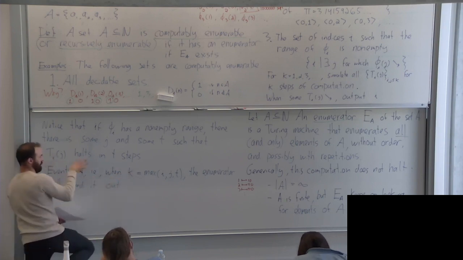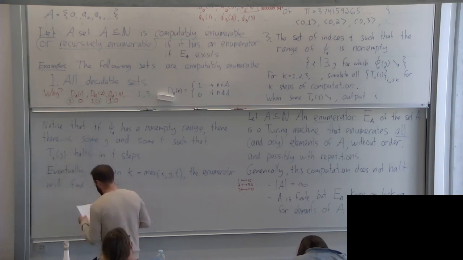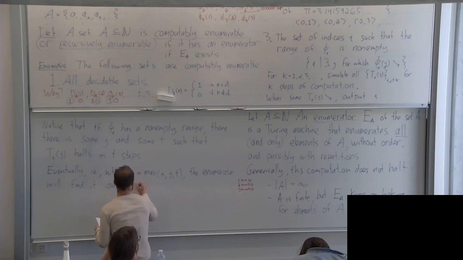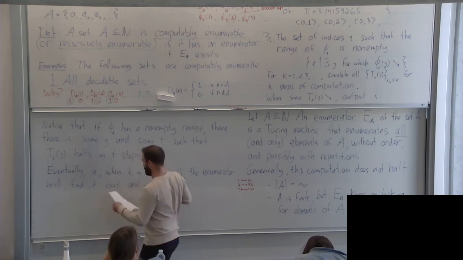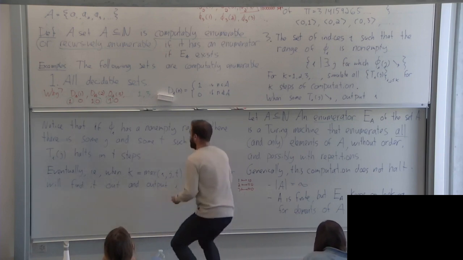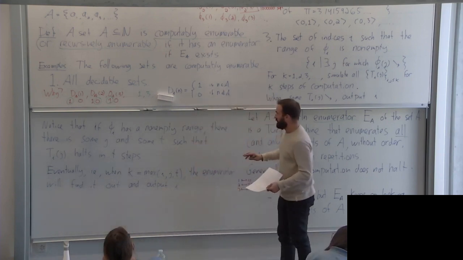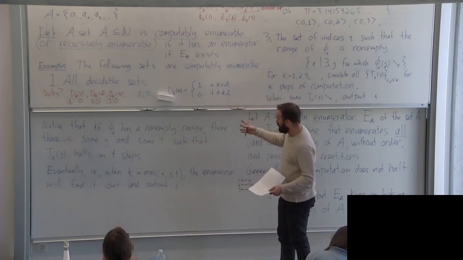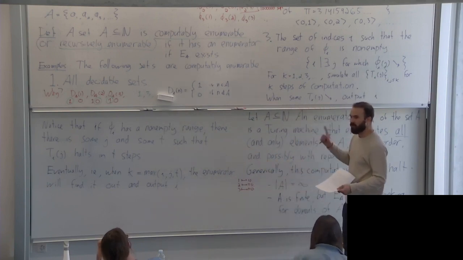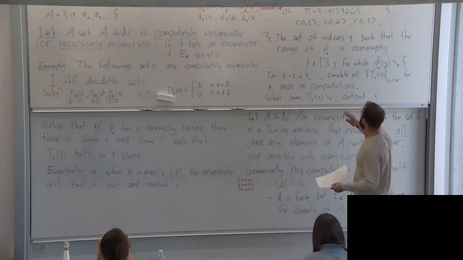It will eventually find this out, and output i in the enumeration. Well, that's clear. Output i. So it does output all elements of A. Now let's make sure it doesn't output more elements than A.